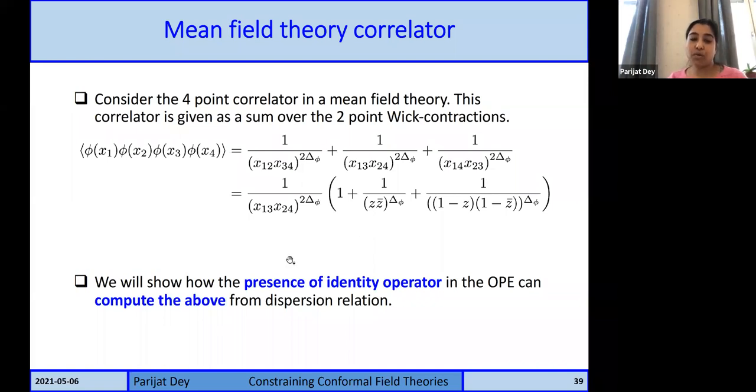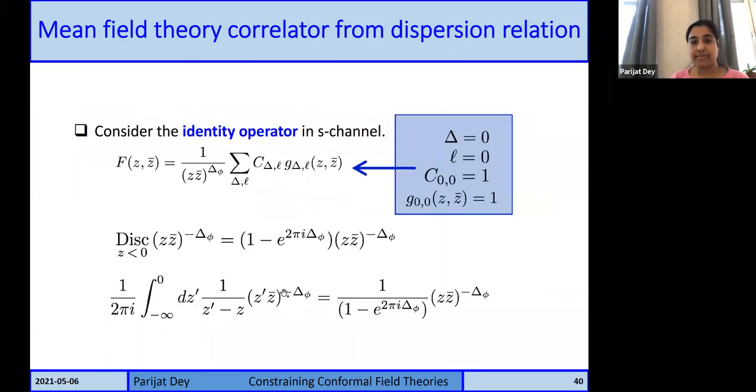And we end up getting this expression for the function f. Now we will show how the presence of the identity operator in the OPE can compute this correlator from the dispersion relation. So we have the identity operator in the S channel. So for identity, delta is 0, L equals 0, and the coefficient is 1. And the conformal block is also 1.